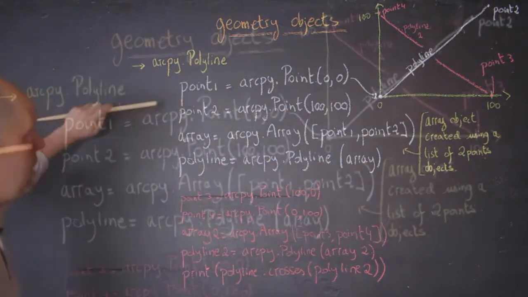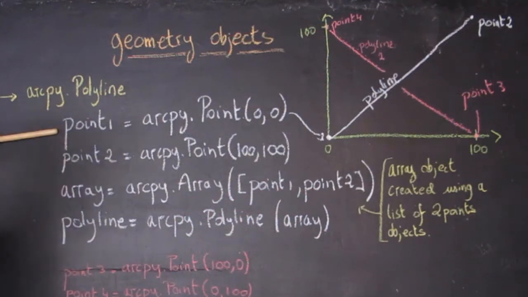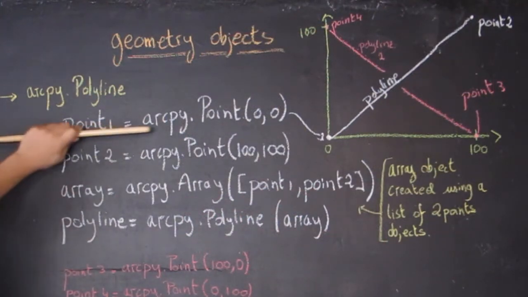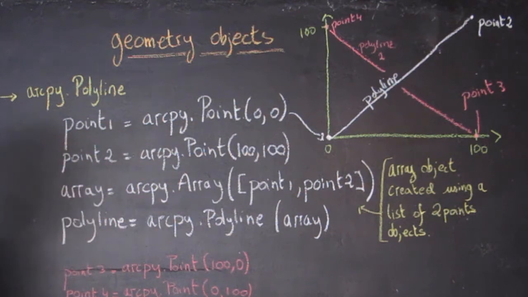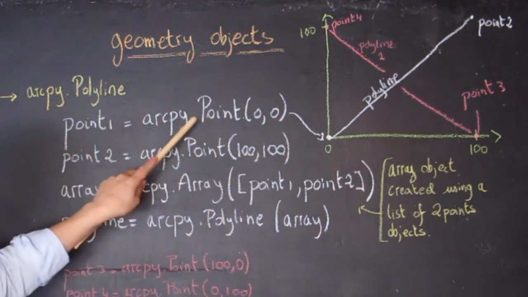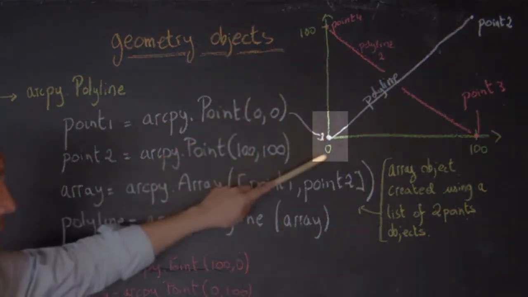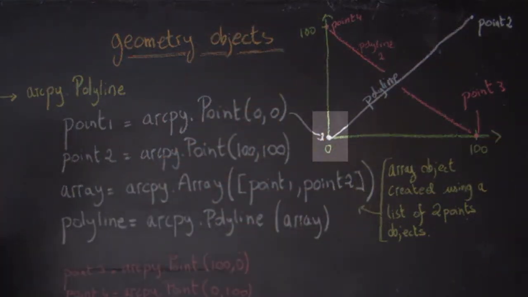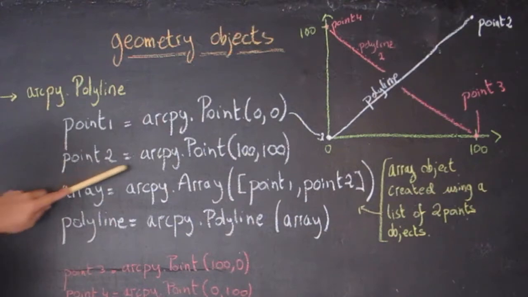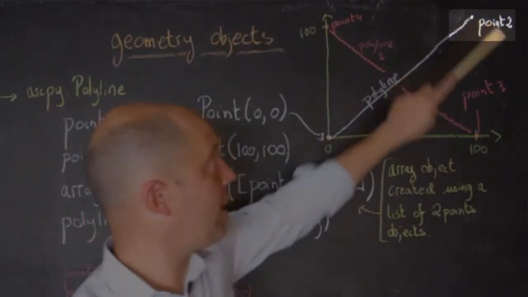So what I'm doing here, I'm defining a variable point, and this is essentially a point, like we saw with arcpy.Point earlier, where we have the x and the y coordinates. You can see here the reference x and y coordinate axes. The second point here is created at 100, 100.